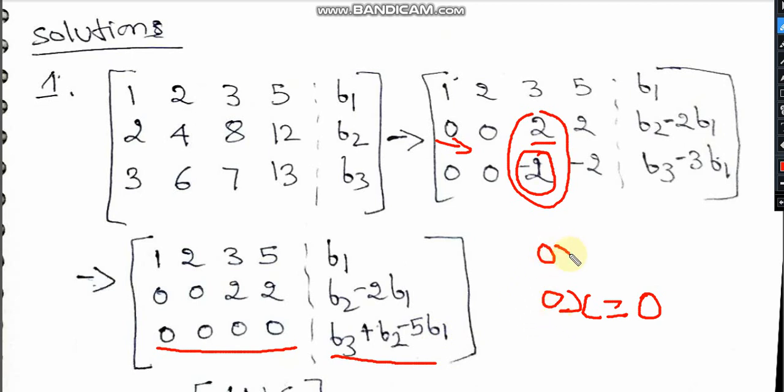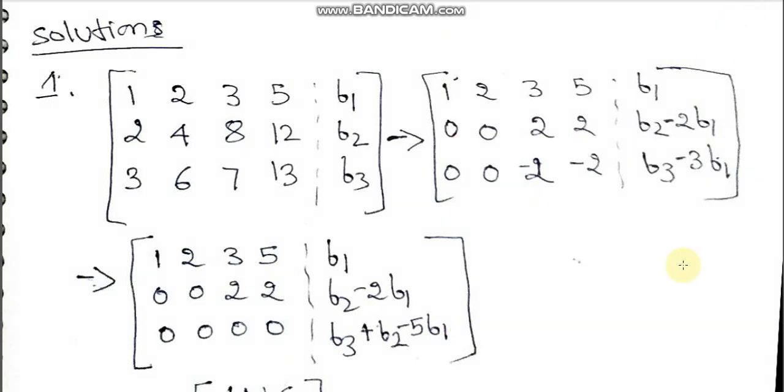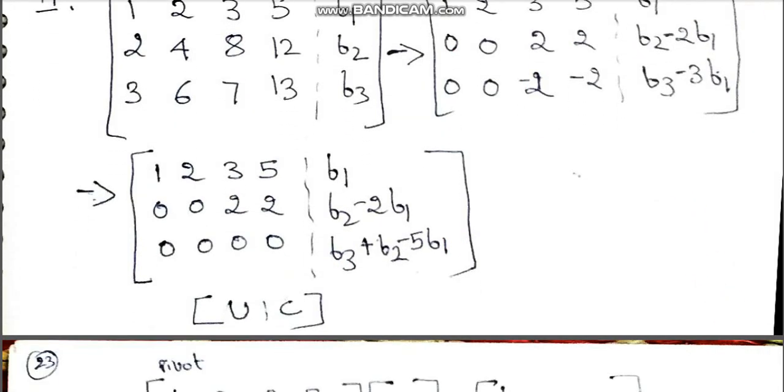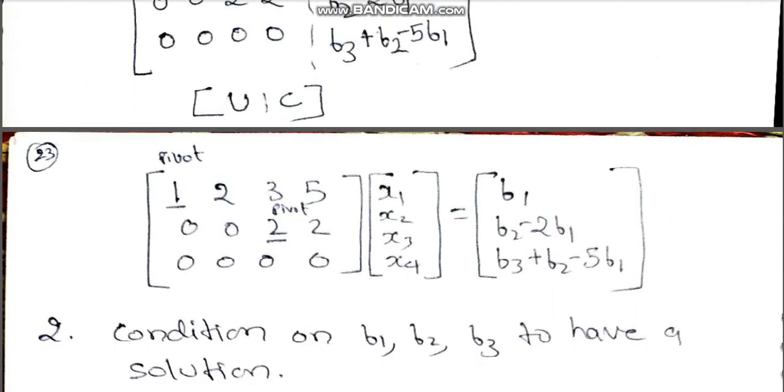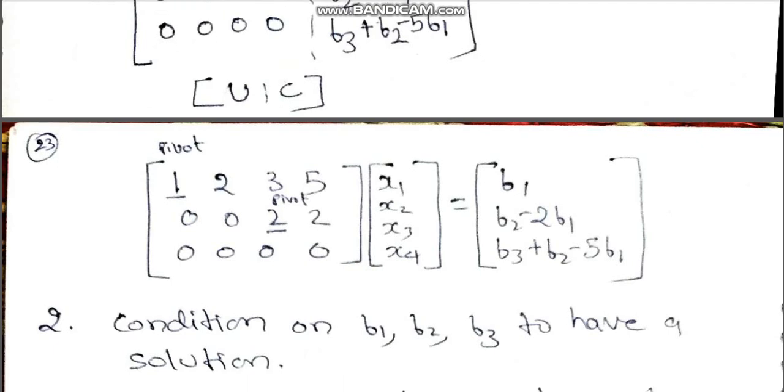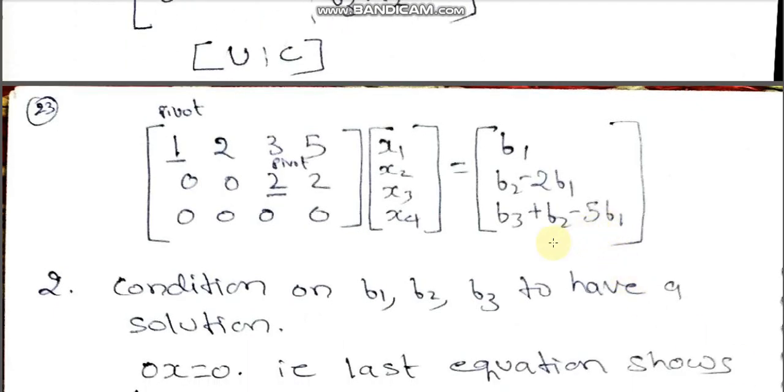You cannot have a solution if it is some positive or negative value depending on b3, b2 and 5 times b1. So it has to be 0 if you want a solution. That is the condition for solvability. One of the questions was what is the condition for solvability? The condition for solvability is b3 plus b2 minus 5b1 equals 0. That is one of the conditions.